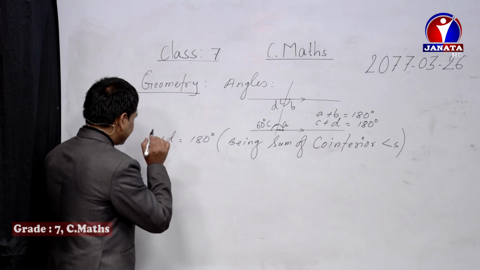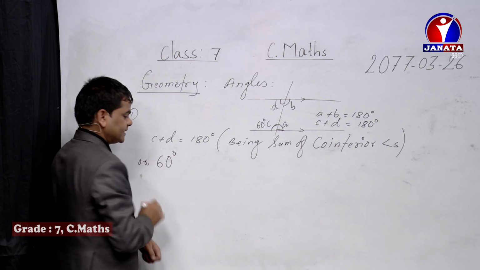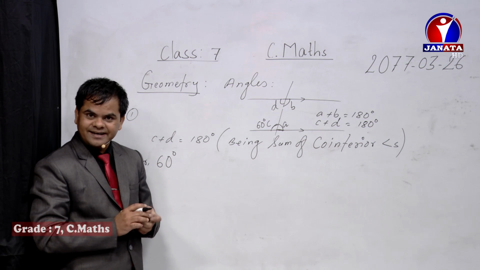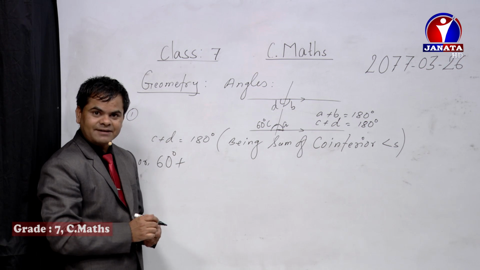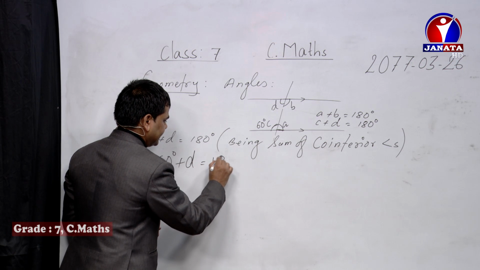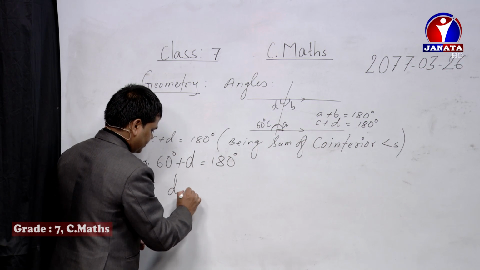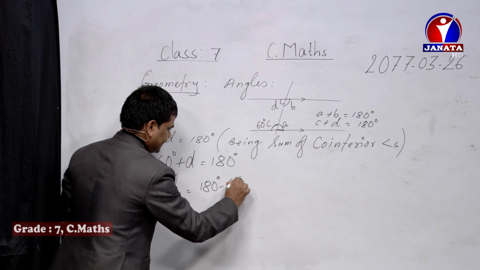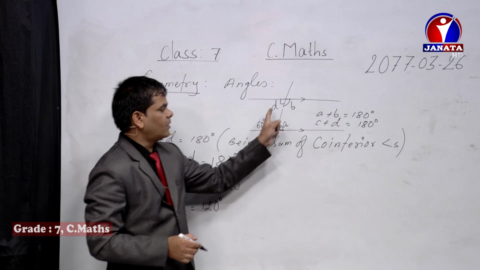So I can keep 60 degrees in the place of C, isn't it? In the place of C, if I keep 60 degrees, then what sign is there? Plus sign is there after C, and then after that there is D. D equals 180 degrees. Now what will be the value of D? D equals 180 degrees minus 60 degrees, which equals 120 degrees. So we got the value of D.